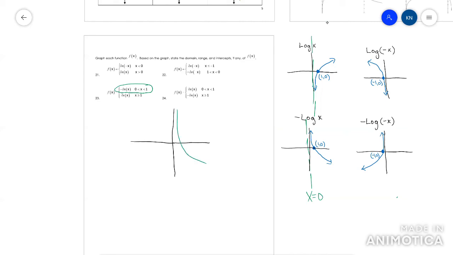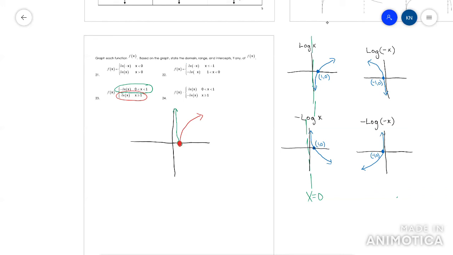So like usually I would have gone the whole way, but I have to stop at that intercept of 1, and it's an open dot there. So that's the first section of line. Now the second section of line is just regular old ln, which takes this shape, but it starts at 1. So it starts at this x-intercept and goes like this. And it has the or equal to, so it lets us fill in this hole right here.